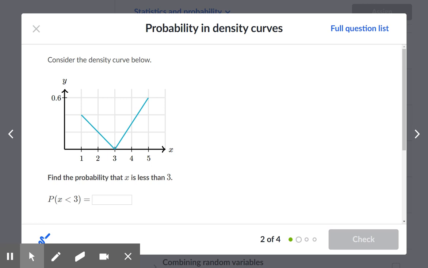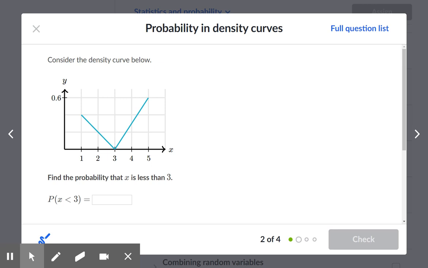Here they ask us to find the probability that x is less than 3, starting from here. This is the area under the curve, which is also equivalent to probability, and this is what we need to find. Now that looks like the area of a triangle.